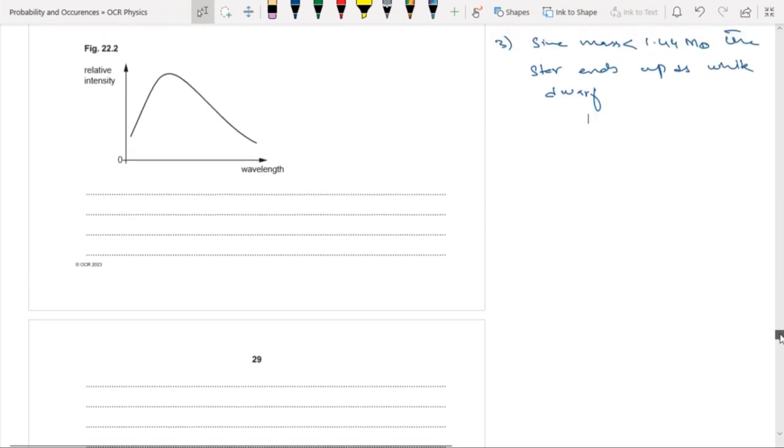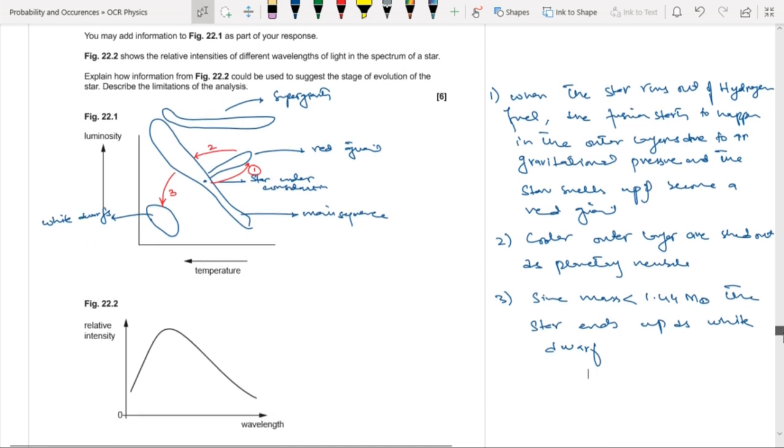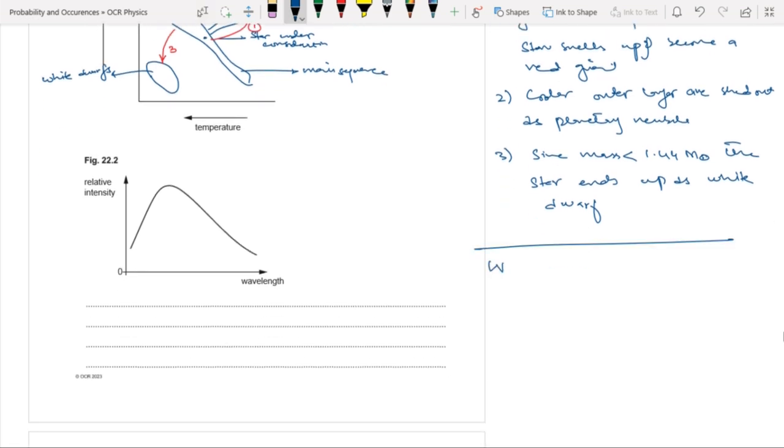All right, moving on. The question was regarding the explanation on how the information could be used to suggest the stage of evolution of the star. All right. So the information regarding the intensity and wavelength are given. So Wien's displacement law can be used to model any stellar object as a black body.